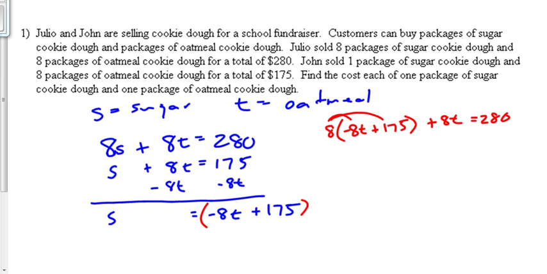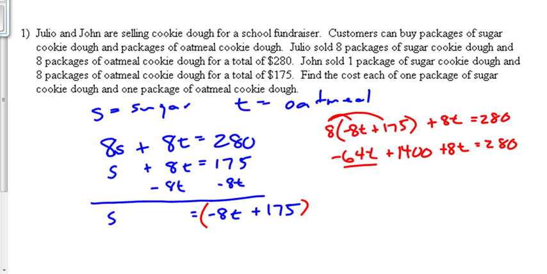Now we need to distribute this. So we get -64T plus, and then 175 times 8 equals 1400. And then we have plus 8T equals 280.